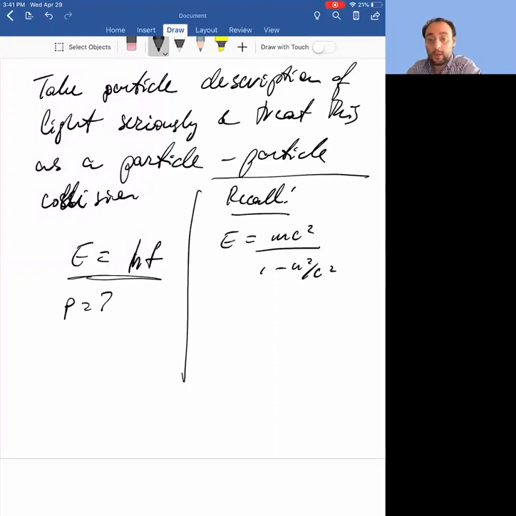But what relativity does suggest is how energy and momentum can be related, because recall that E squared minus p squared c squared equals m squared c to the 4th. And so if m equals 0, this suggests that E equals pc.